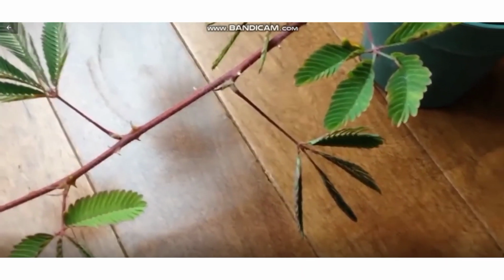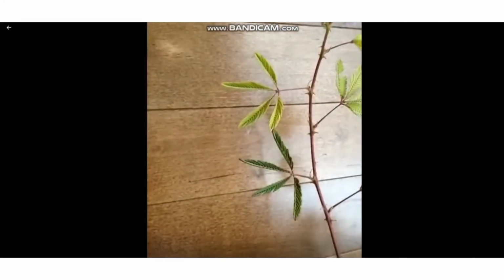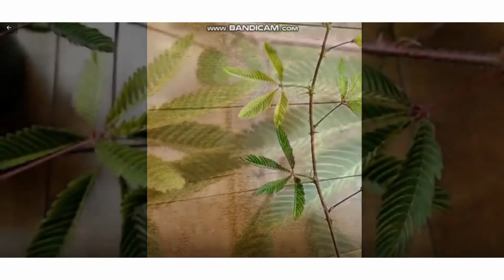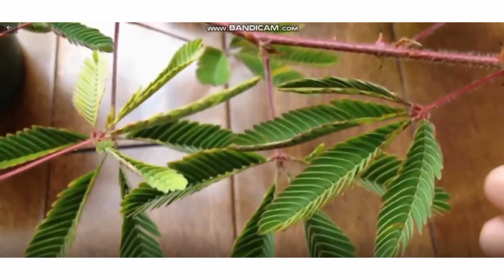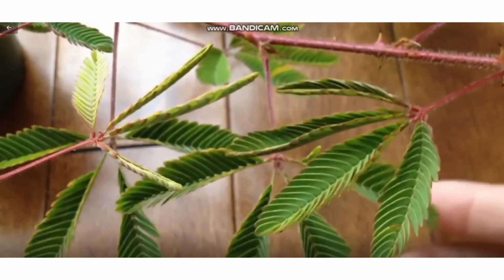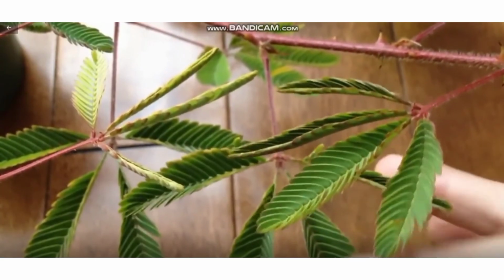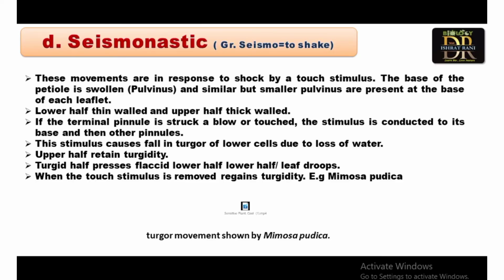Yes, like this. This is Mimosa pudica, or touch-me-not flower. You have observed that when we touch the pulvinous base of that leaf, all the leaves slowly close or bend due to the difference in their turgidity.